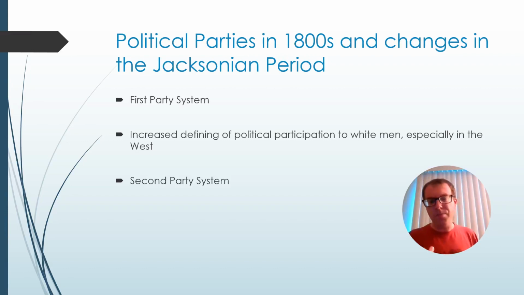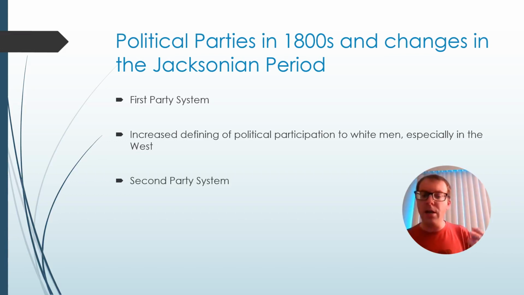And in this political system, lots of people don't have the right to vote. You generally need property in order to have the right to vote, and ironically that actually allowed space for people who were not white men to vote.